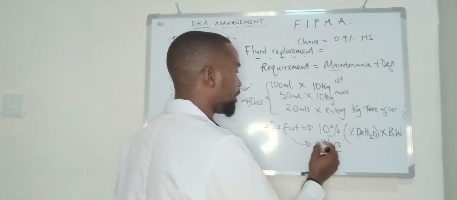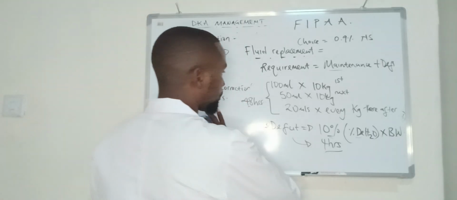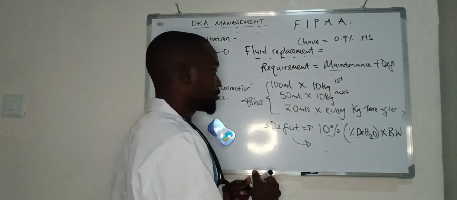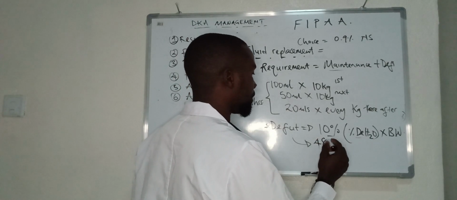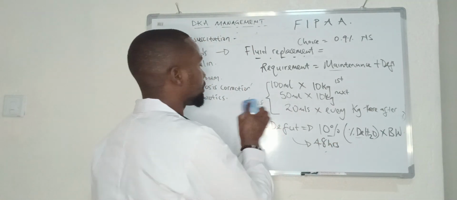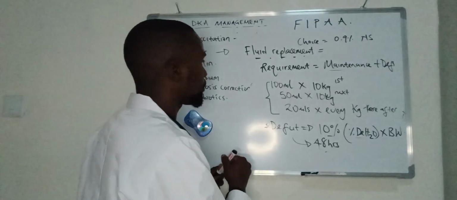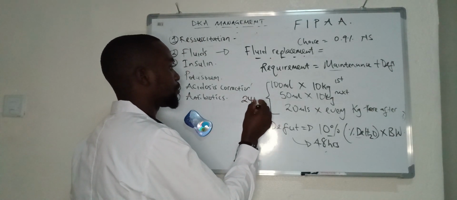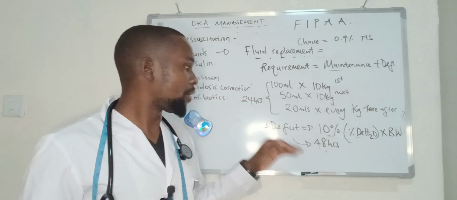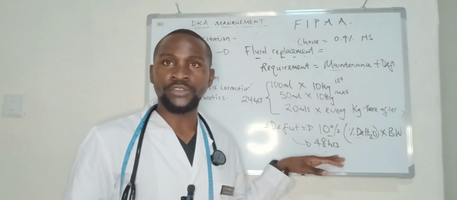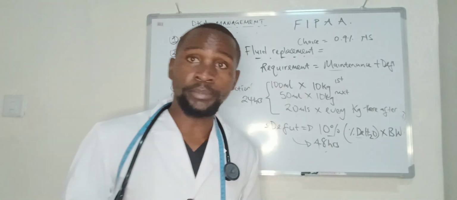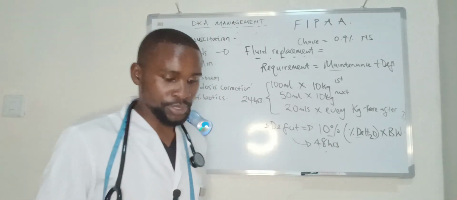So your deficit should be given in 48 hours, and the maintenance that you find is given in 24 hours. So maintenance is given in 24 hours, and the deficit is given in 48 hours. Okay, keep that in mind.